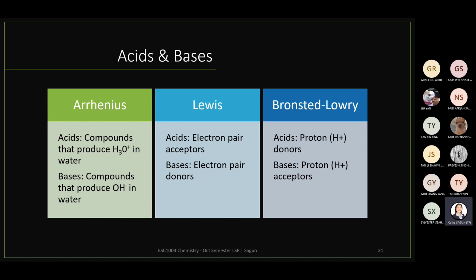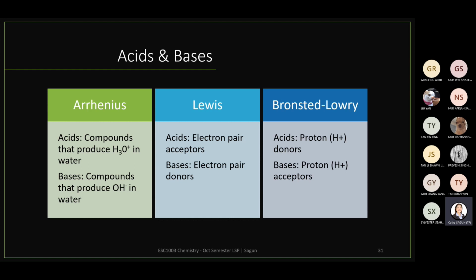For example, an acid is a compound that produces hydronium ion in water, while a base produces hydroxide ion, according to Arrhenius. And for Lewis, an acid is an electron pair acceptor. So he focuses on the electrons, and a base is an electron pair donor. But for Bronsted-Lowry, they look at the opposite. Electron here, proton here. So if it's an electron that accepts, the opposite would be a proton that donates, right? So it's the same thing.